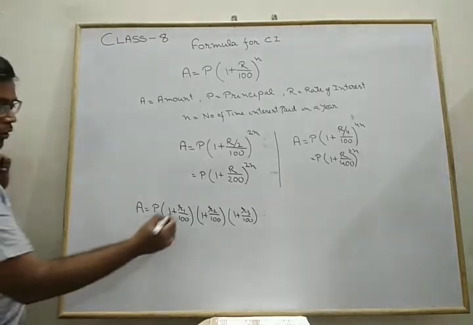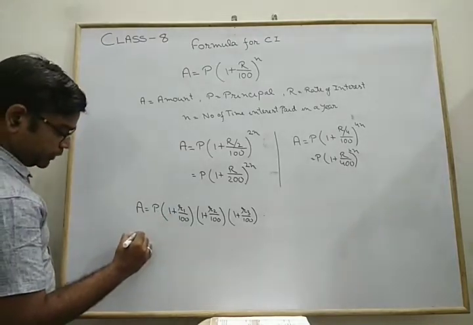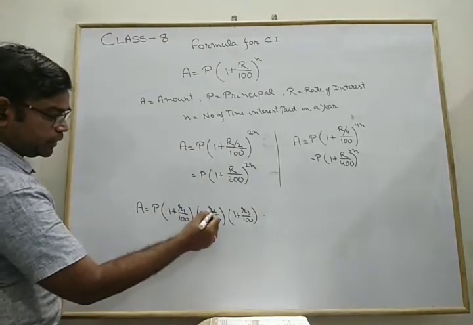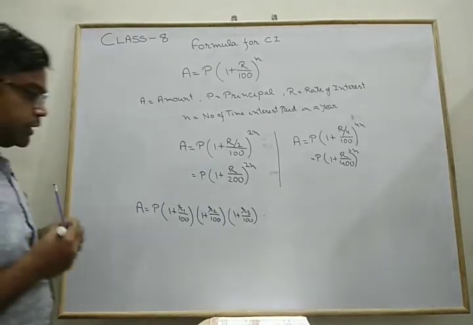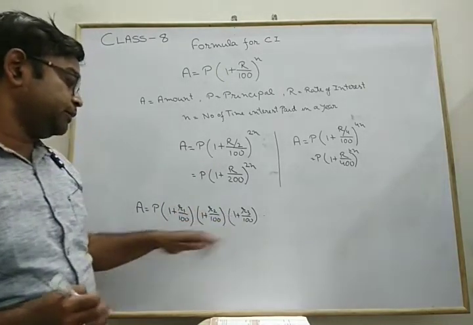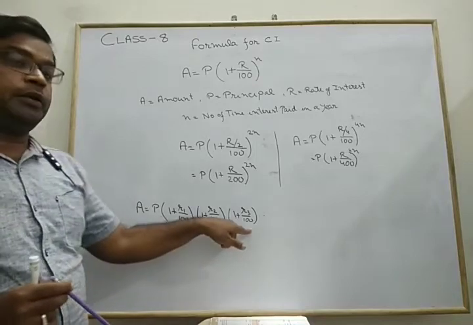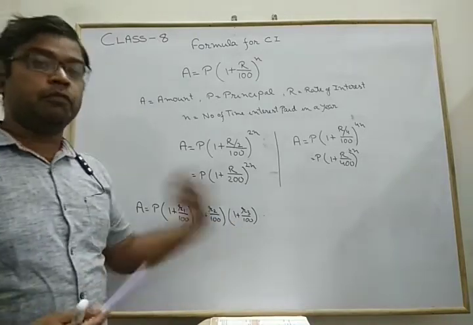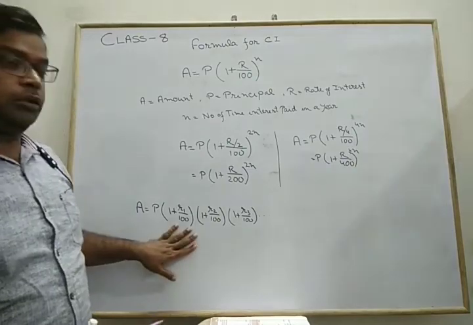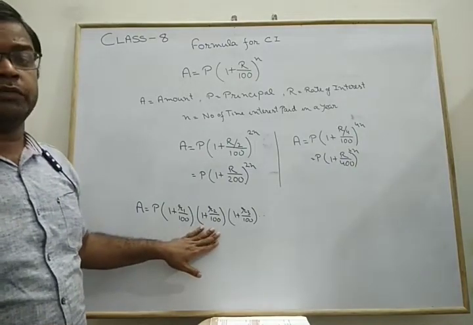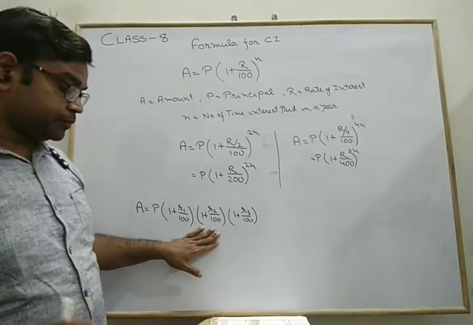In this case, only the rate of interest is changed. We invest one principal with variable rates of interest in 3 or 4 consecutive years. Then we can use this one. We can use this for 2 consecutive years with different rates of interest.